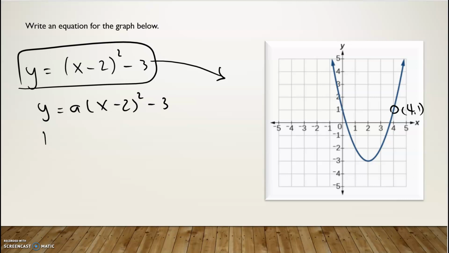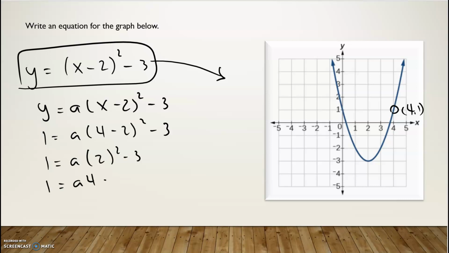Plug in those values. So this is 1, this is 4. This should come out to be 1. Okay, so this would be 2 squared minus 3. So this would be 4 minus 3. So, yep, it comes out to be 1. Divide by 4 on both sides. So A is 1. So in this case, you don't have any stretching or compression.